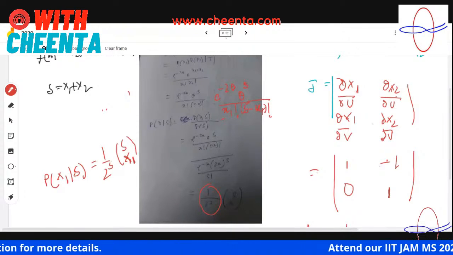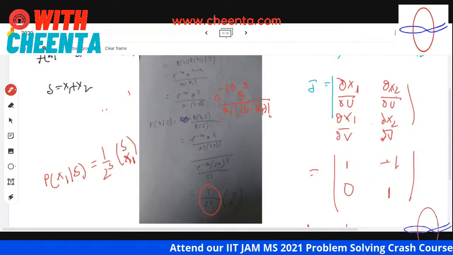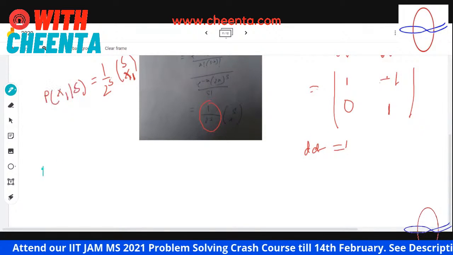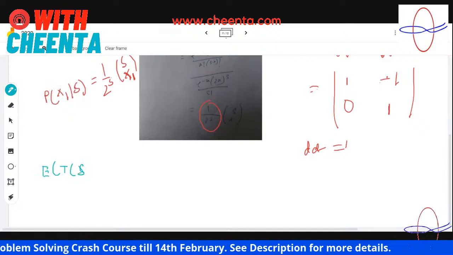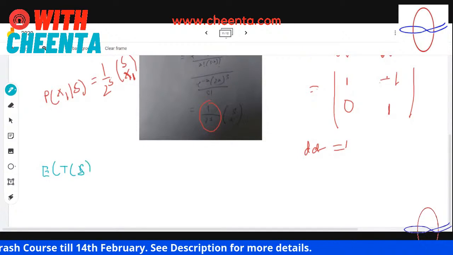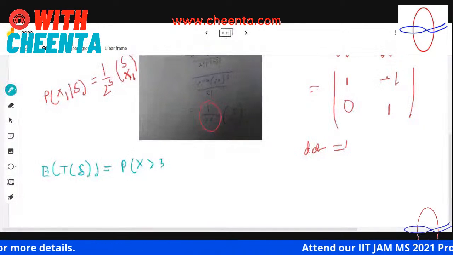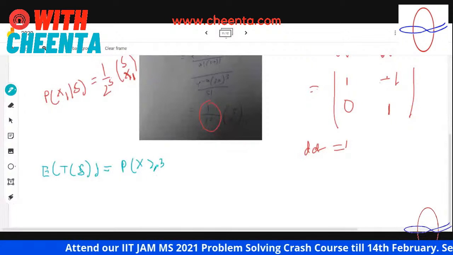Perfect, so understand this. We need to find the expectation of T of x, s, that is x1 plus x2, for the probability of a Poisson random variable x greater than 3. Therefore T must be an indicator random variable, right?